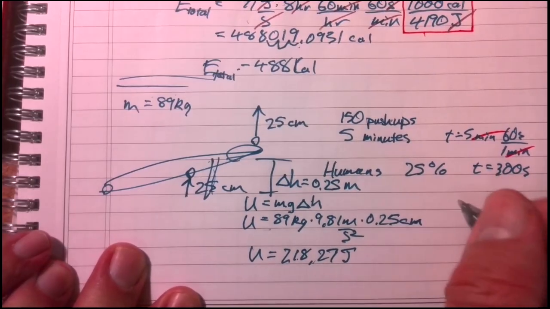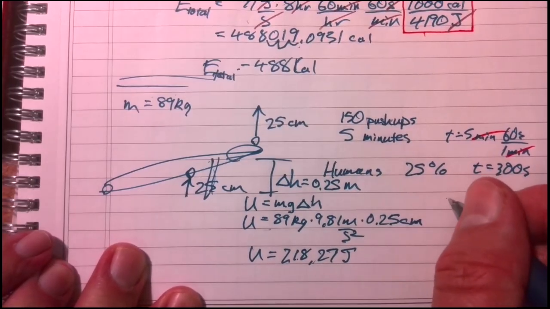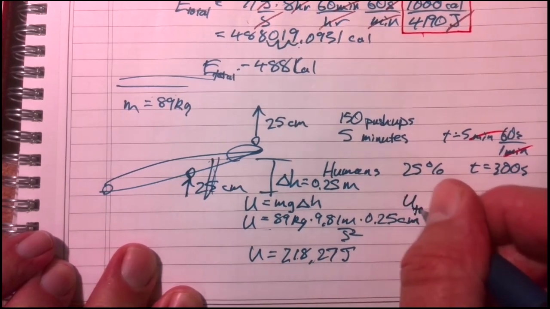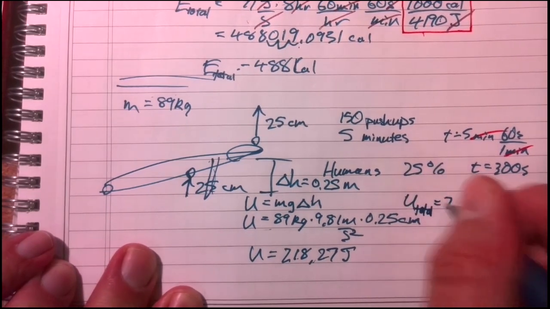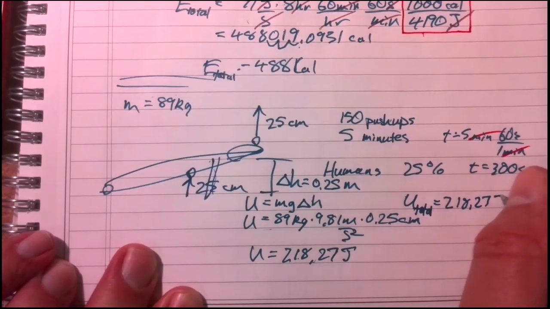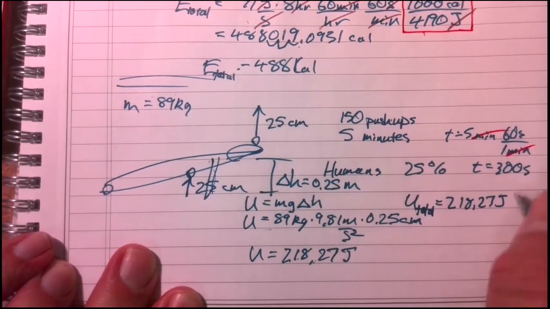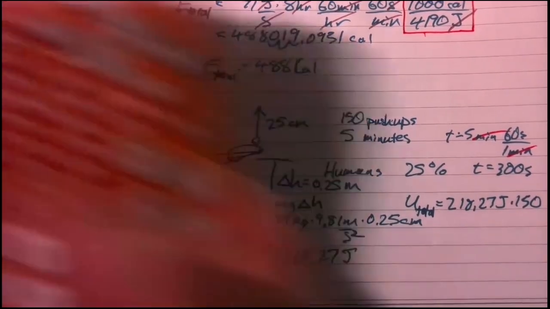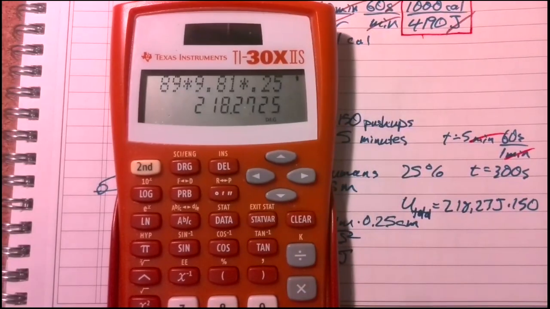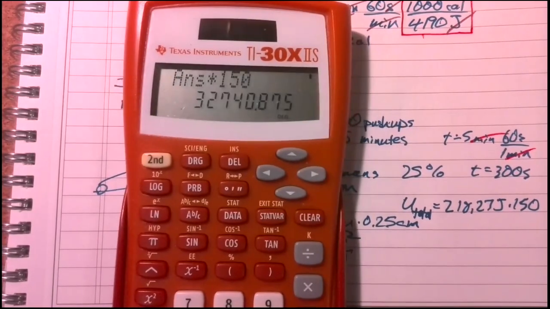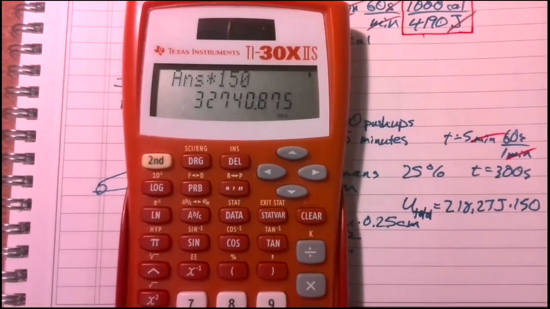So the potential total energy for all the push-ups: 218.27 joules, and he did 150 push-ups. So 218 times 150.